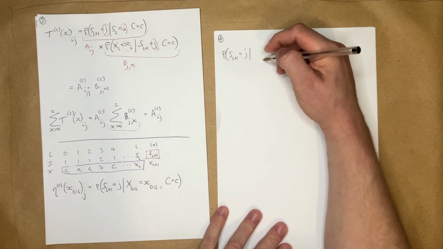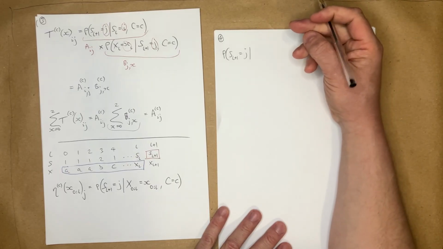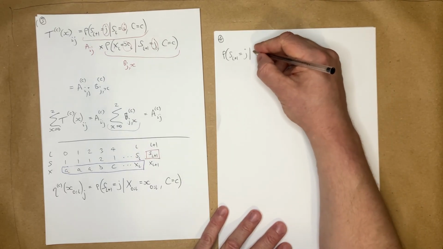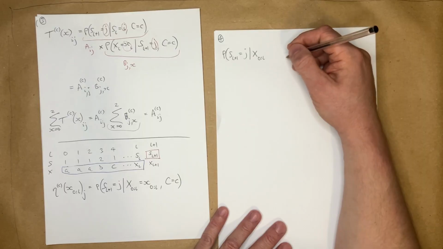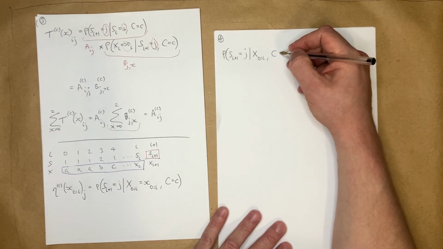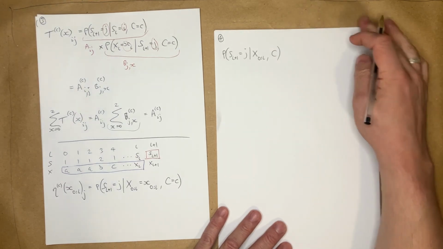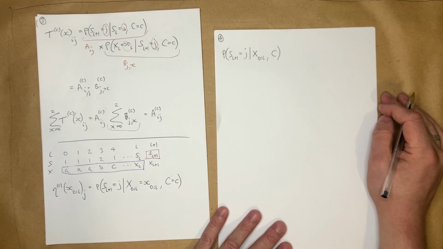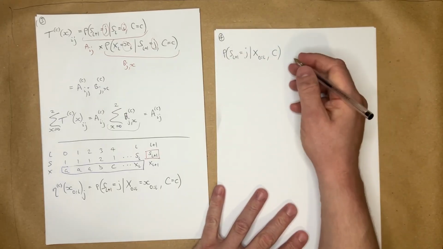I'm going to condition on the sequence of tokens from 0 to L, and I'm going to condition on C, and I'm just going to use this shorthand now. Let's see, is that correct? Yeah, so, okay, no, I know why I'm getting confused now.